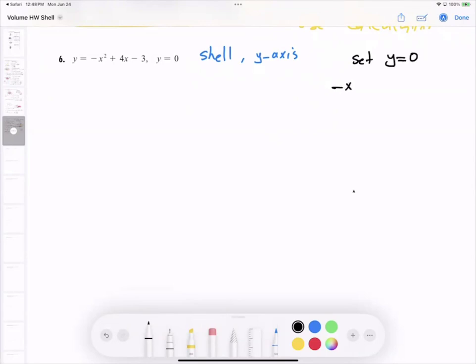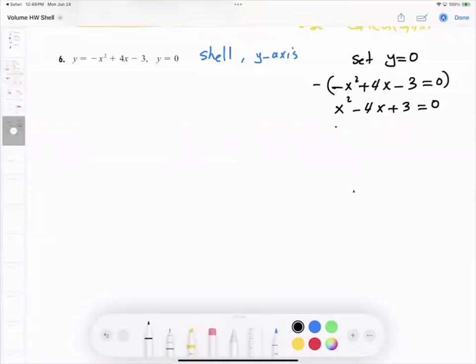So you have negative x squared plus 4x minus 3 equal to 0. If you multiply everything by a negative sign, you can simplify this to x squared minus 4x plus 3 equal to 0.